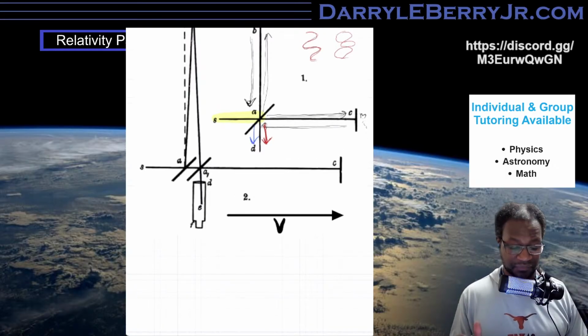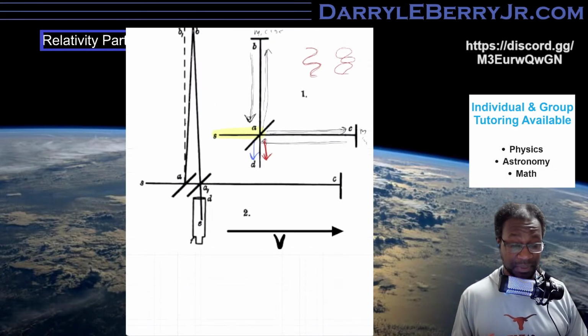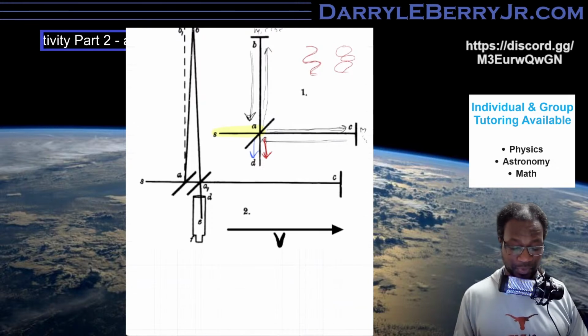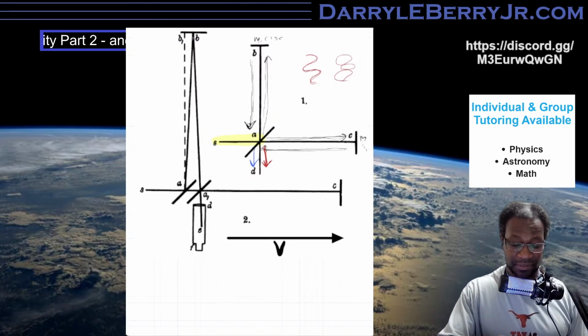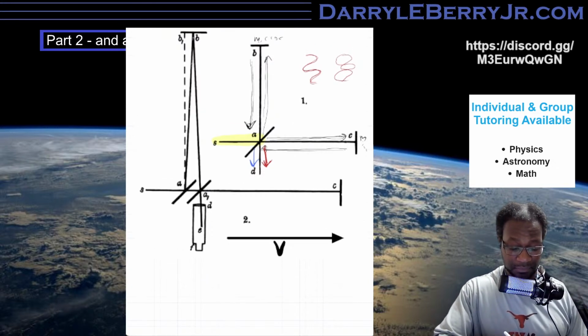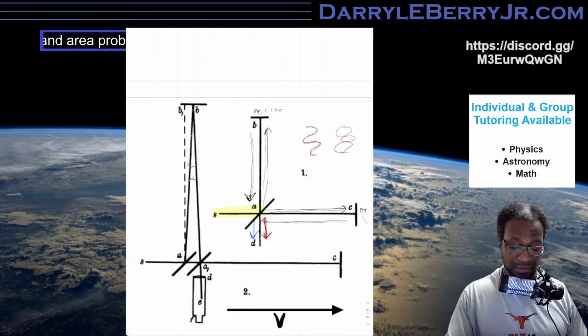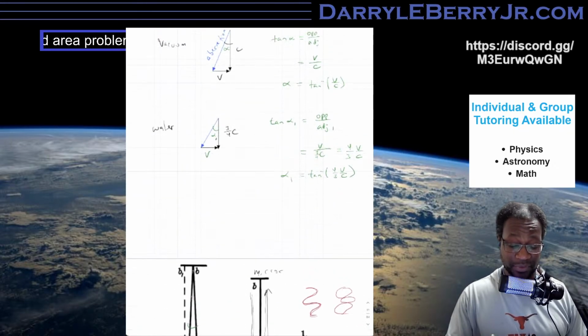The ray SA is reflected along AB, the angle BAB being equal to the aberration alpha. So basically this angle here, alpha, will be equivalent to this angle that we have here, the angle brought about from aberration.